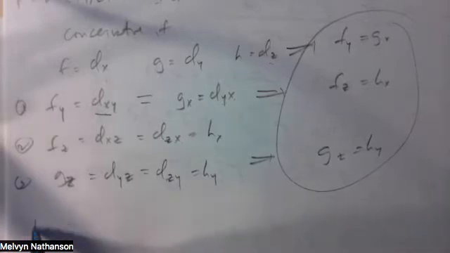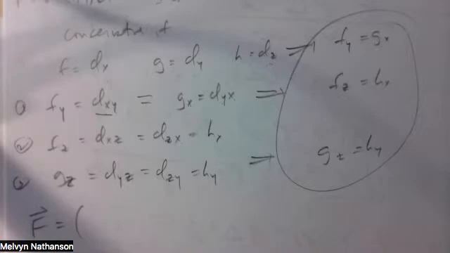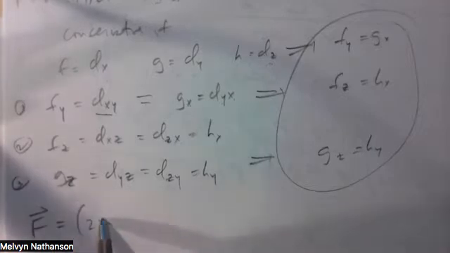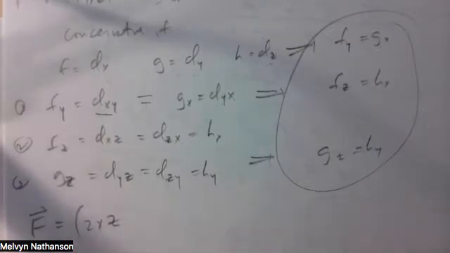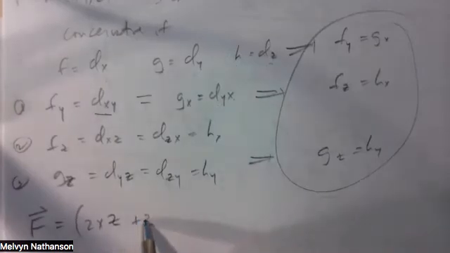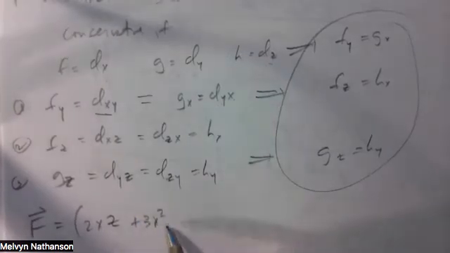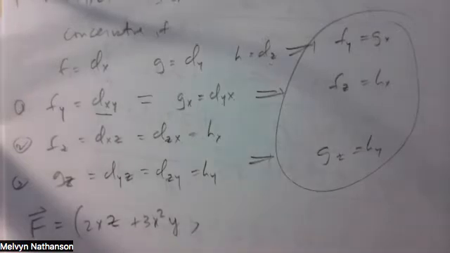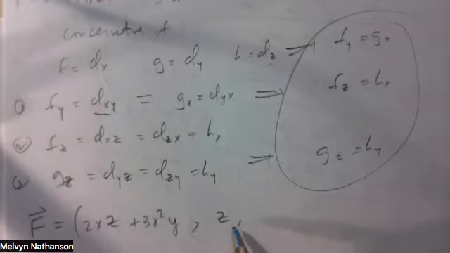Let's look at an example. Suppose I take the vector field F in three variables, which is equal to, I'll make it more interesting, 2xz plus 3x squared y. And the second component will be just z plus x cubed.